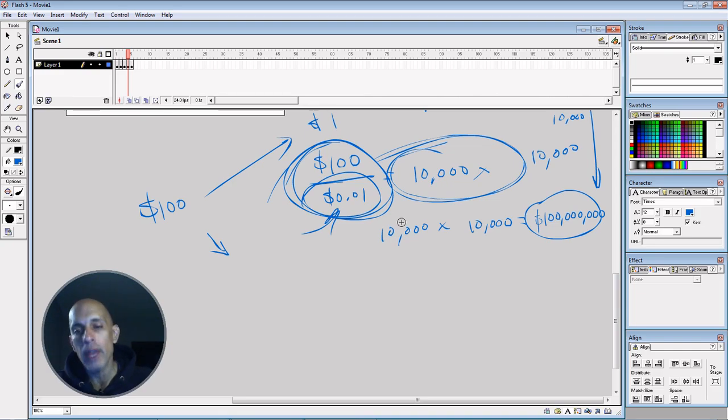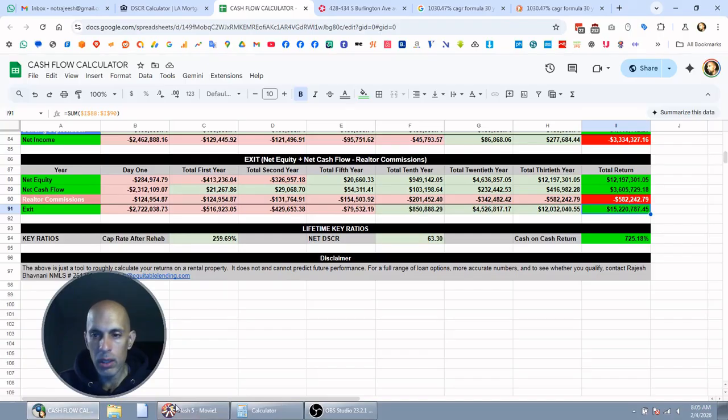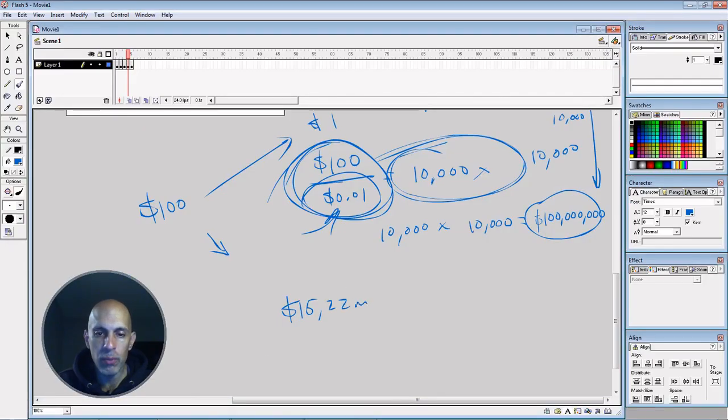Yes, your loan size has gone a little bit bigger than the original balance, but you're not putting your own cash in. And that debt is being paid for by the rents that you're collecting and then some. So you're essentially getting a $15.22 million building for free.